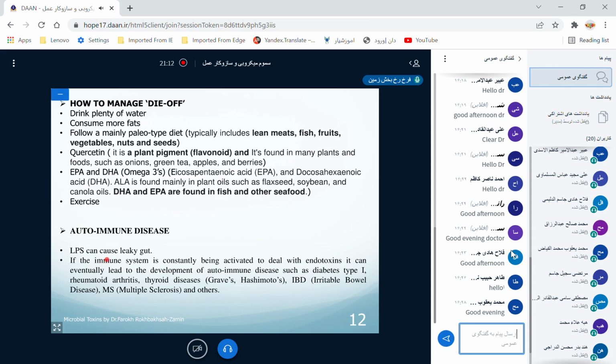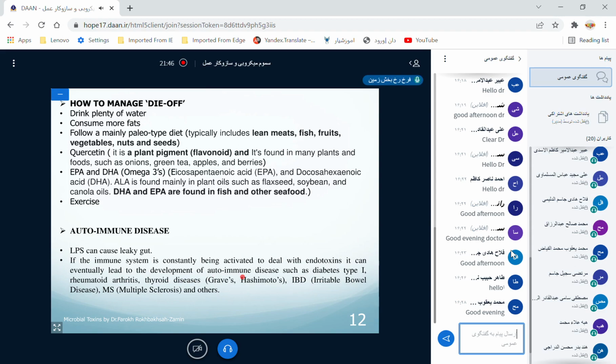LPS can cause leaky gut, a bad effect on the intestine, which becomes leaky. If the immune system is constantly being activated to deal with endotoxin, it can eventually lead to the development of autoimmune disease.